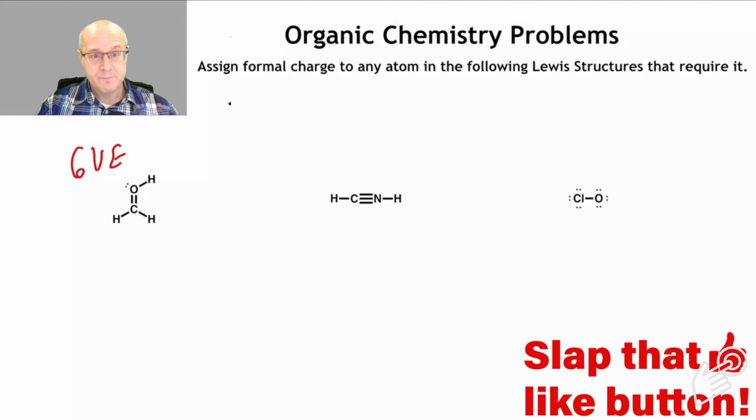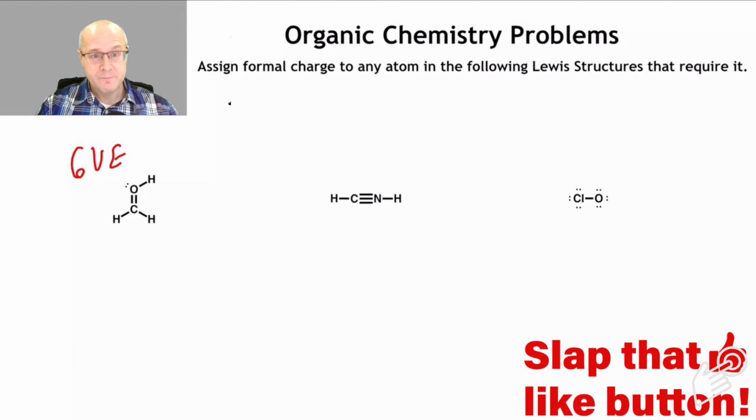That means the nitrogen is positive because nitrogen normally has 5 valence electrons, and in this case it only has 4 bonds, so we only count 4 valence electrons. That means the nitrogen has lost a negative charge.